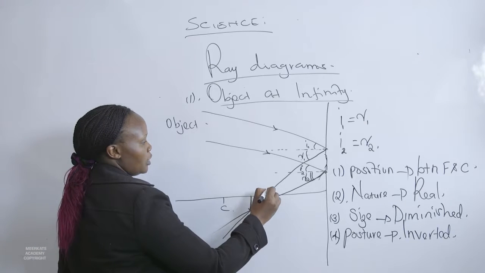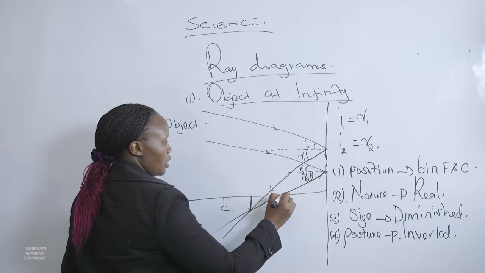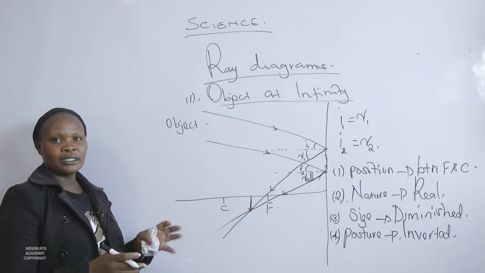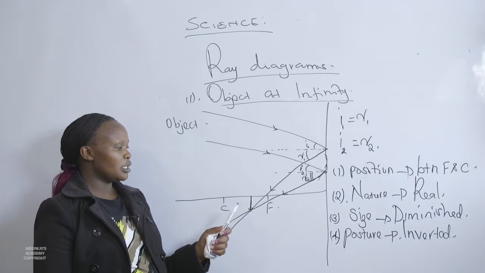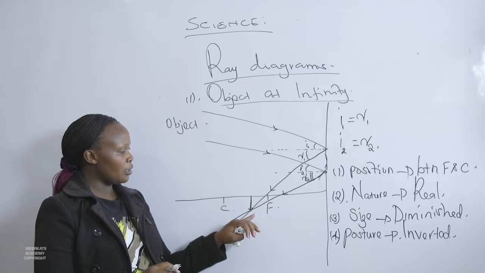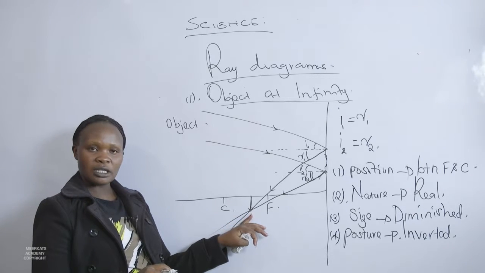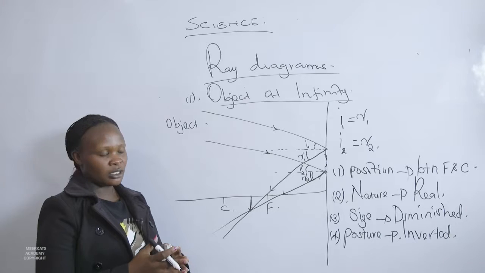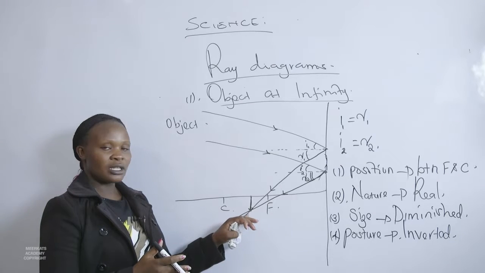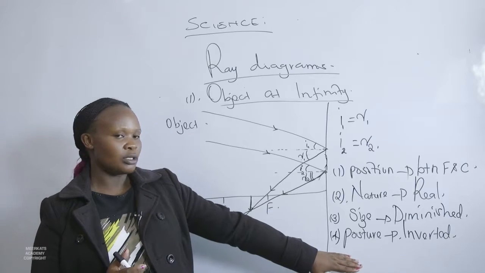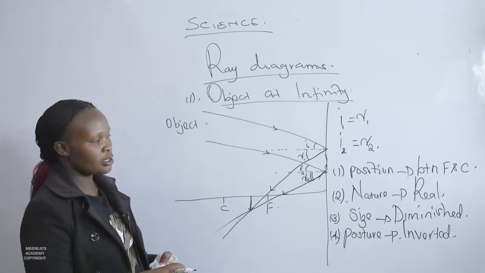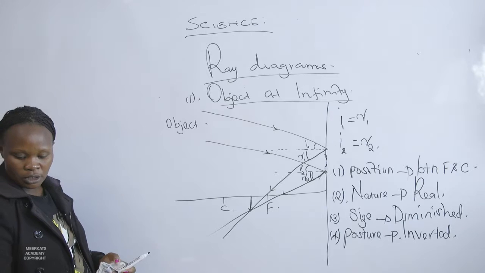Therefore, we had these 2 as our reflected rays. Then we went on to trace our image, where we looked at the point of intersection of the reflected rays, which forms the tip. Draw your image, then describe it using the 4 aspects of the image formed.